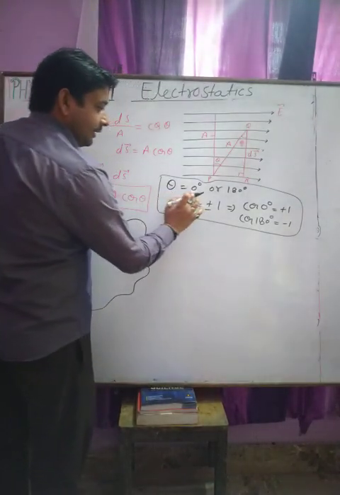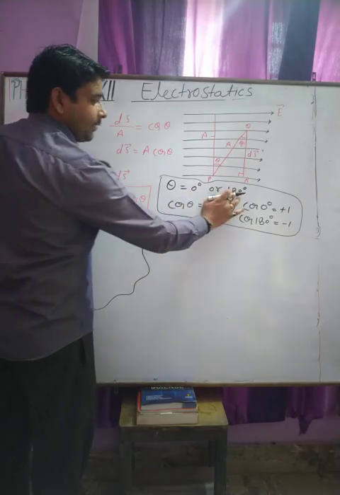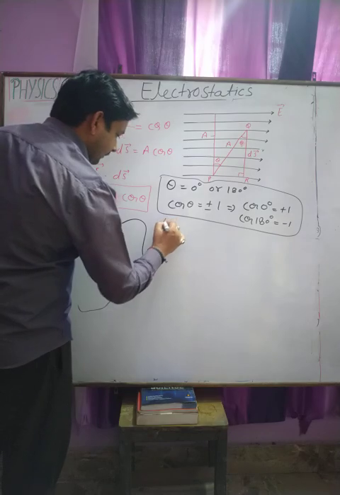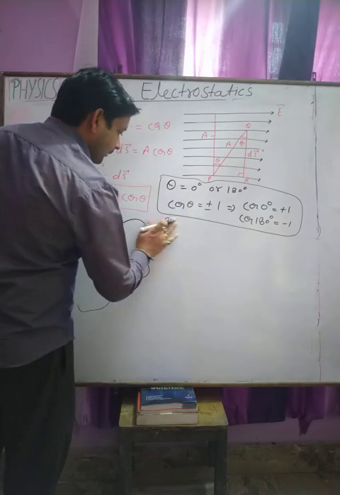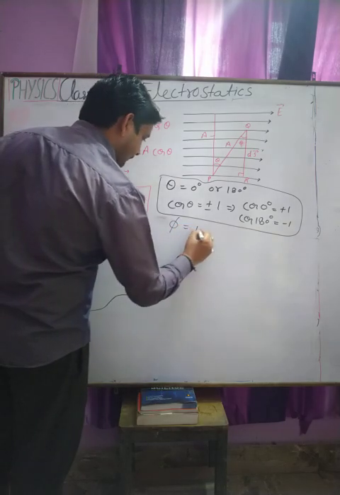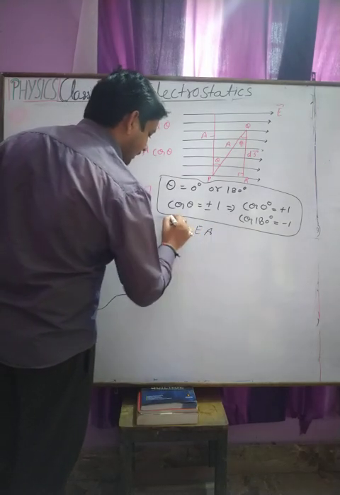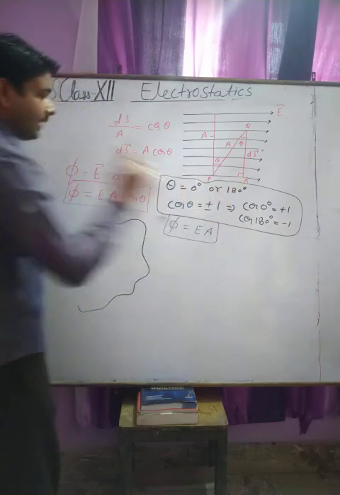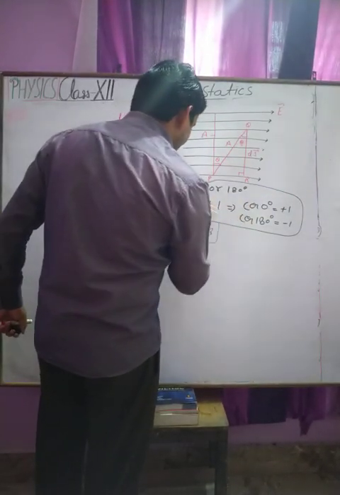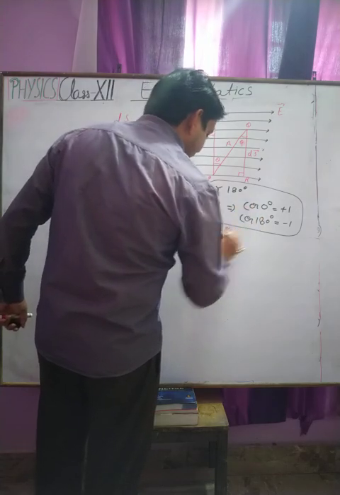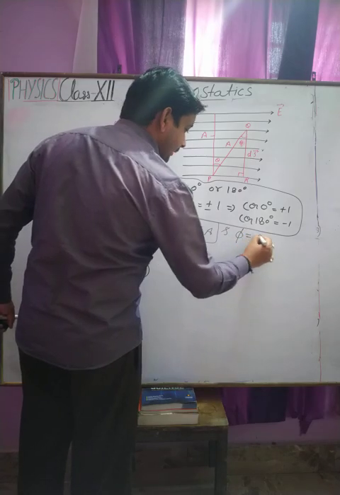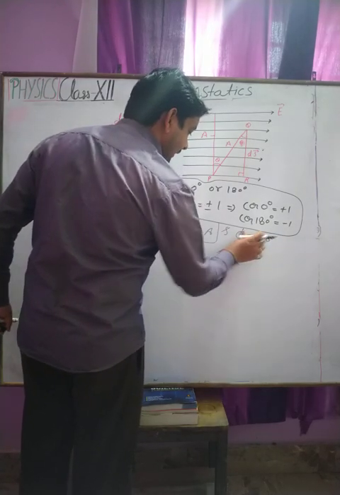For theta equal to 0 degree and 180 degree, the value of this flux is maximum, given by phi is equal to EA, because cos 0 or cos 180 is 1. The next case is if theta is 90 degree.